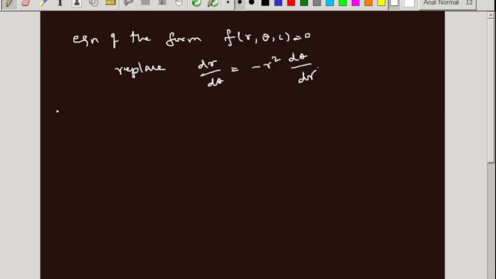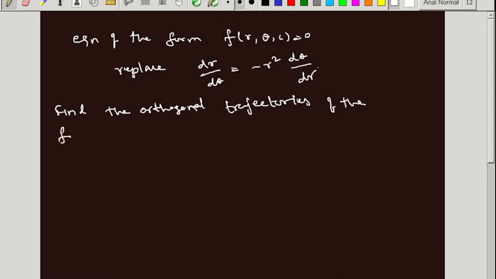Find the orthogonal trajectories of the family of curves r power n equal to a power n into cos n theta.